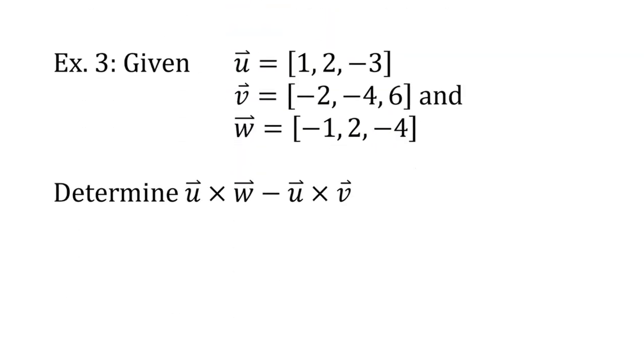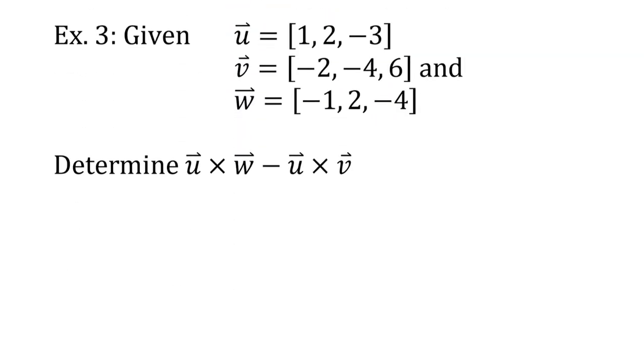Okay, a couple more questions and we're almost done. Given the following three vectors, find u cross w minus u cross v. Do you want to do it the easy way or the hard way?